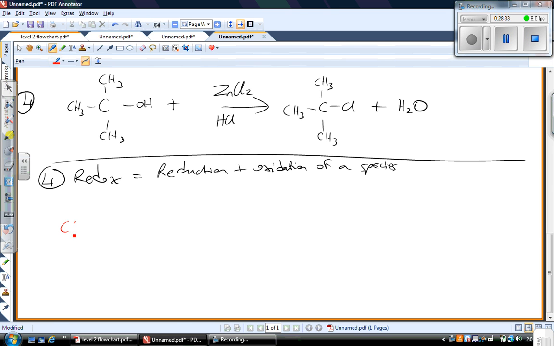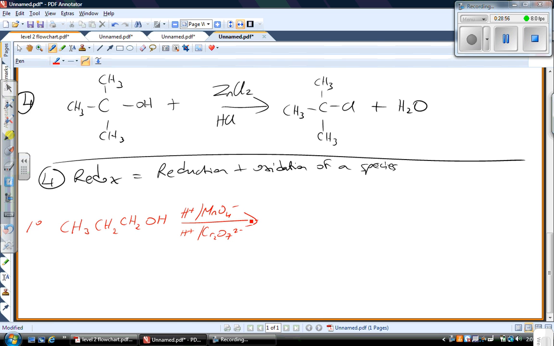So sticking to our 3 carbon alcohol, this is propan-1-ol. So with the primary alcohol, if we use a strongly oxidizing agent like acidified permanganate, or you can use acidified dichromate, in either case, both of these reactions have a nice color change.